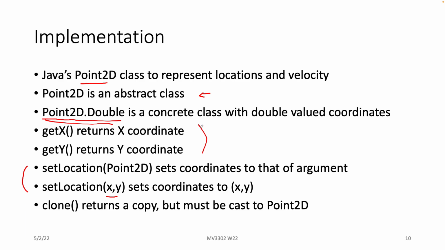The problem is that there must be some internal reason why they didn't implement it using generics. The clone method in Point2D returns a copy, but the type is Object. So when we use clone on Point2Ds, we will typically have to cast it to a Point2D, which is a little bit of a pain, but not horrible.